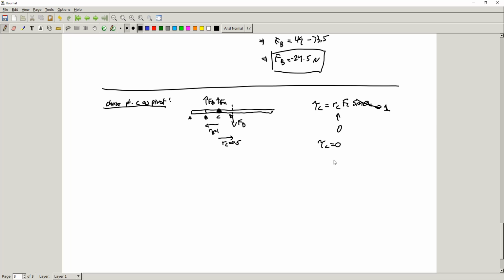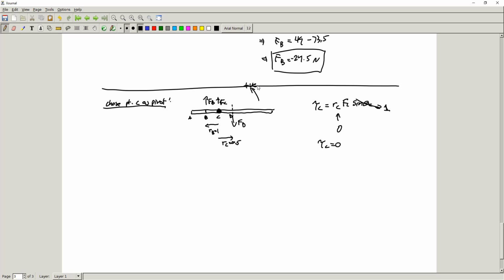And so we only need to really concern ourselves with the torques supplied by FB and FD, right? We need to be a little bit careful here, because since we've moved our pivot point to point C, we've sort of changed the direction, as far as torque goes, in which FB is operating.